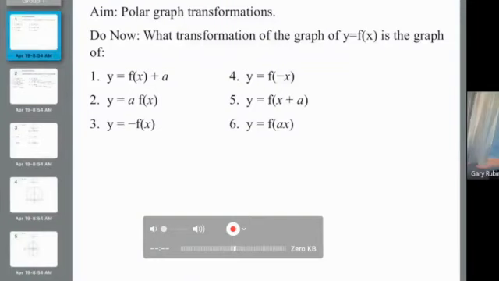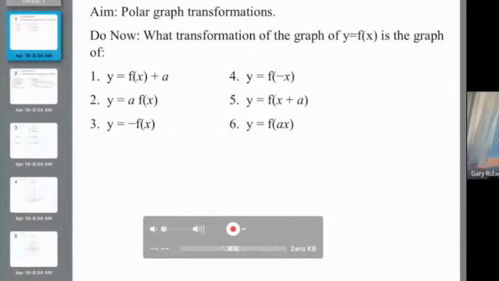So just as a refresher, look at what happens in rectangular graphs when these various transformations, see questions 1 through 6, are applied. What's the effect of doing these transformations on the graph? What geometrical transformation happens?